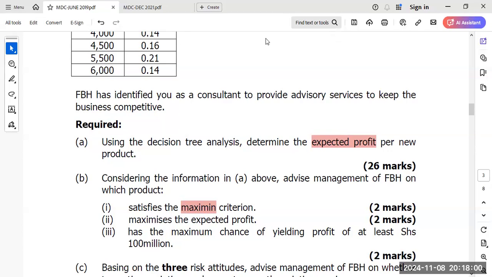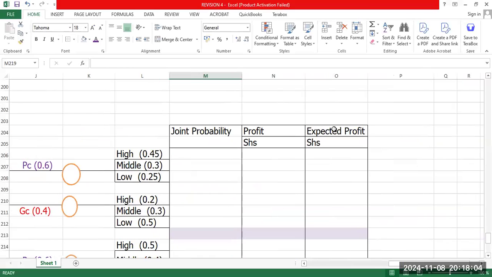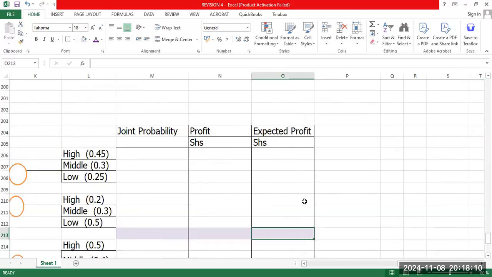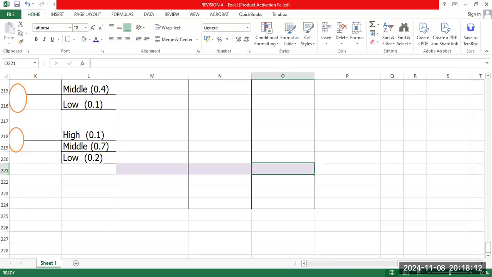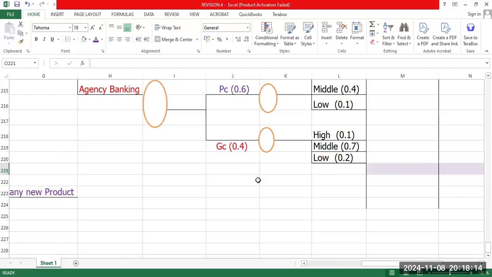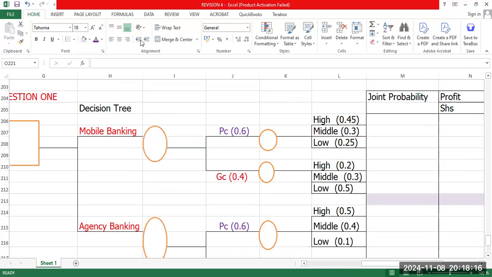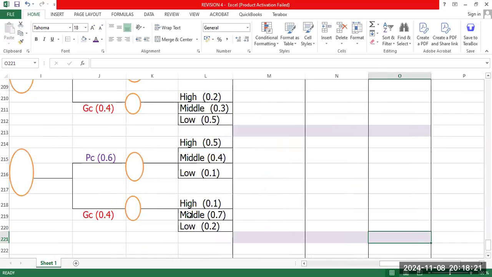So it means that we will be having this expected profit for mobile banking. Colleagues, put some speed.